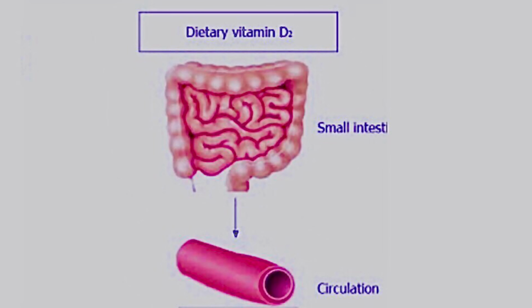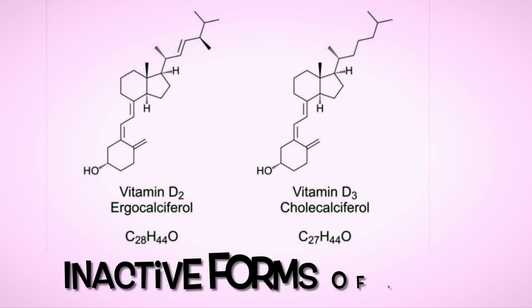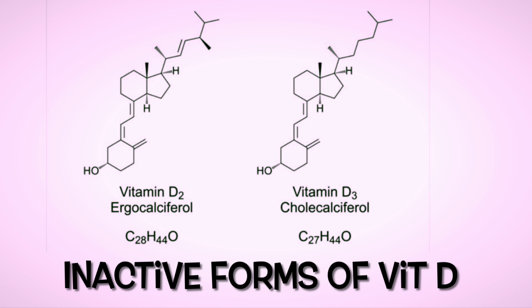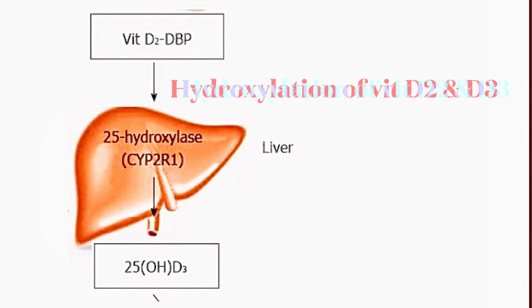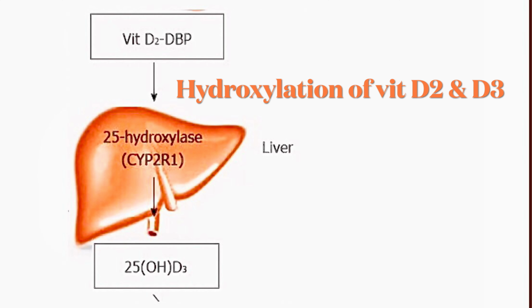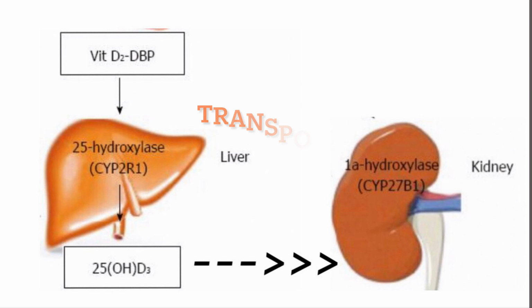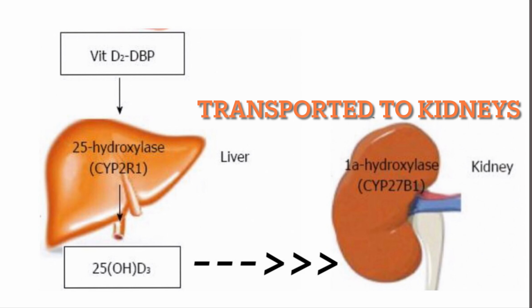Both ergocalciferol and cholecalciferol are inactive forms of vitamin D until they are hydroxylated in the liver and kidney. In the liver, vitamin D is hydroxylated at the 25th position to form 25-hydroxy vitamin D. This is done by hepatic mitochondrial and or microsomal enzymes. 25-hydroxy vitamin D is then bound by the vitamin D binding protein and transported to the kidneys.